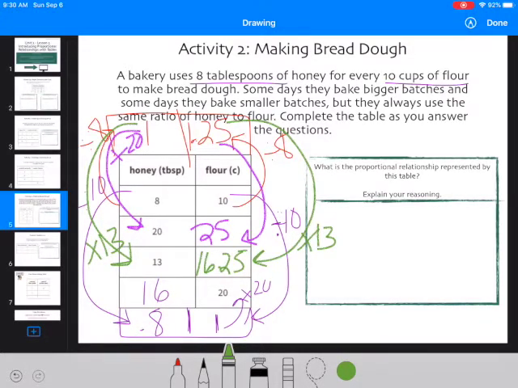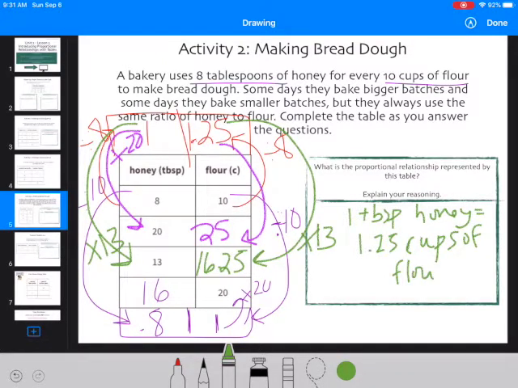So then it says, what is the proportional relationship represented by the table? Explain your reasoning. So I could say 1 tablespoon of honey equals 1.25 cups of flour. Or I figured out another relationship, right?